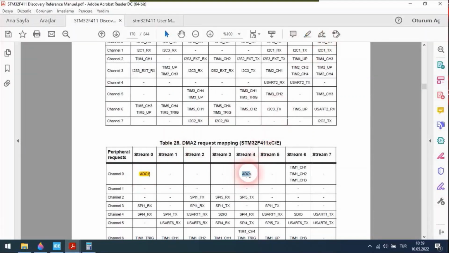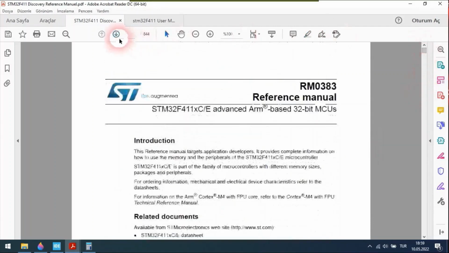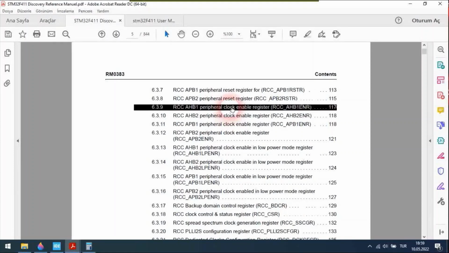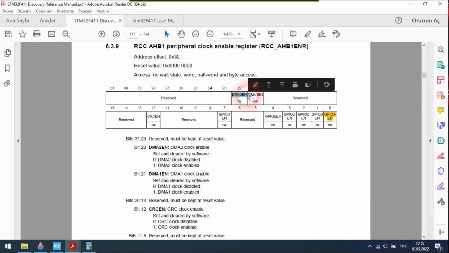Before starting configurations we should keep that in mind. ADC is connected to DMA2 stream 0 and 4, and its channel code is 0. Let's start by enabling DMA2 clock.